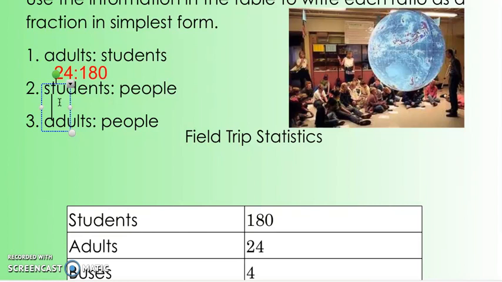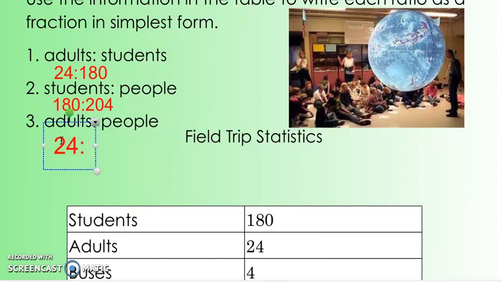So we need to add 180 to 24 because we need to know how many students plus adults that are traveling. So students, there are 180, and how many total people are there? Yes, 204. Okay, so now how about adults to people?